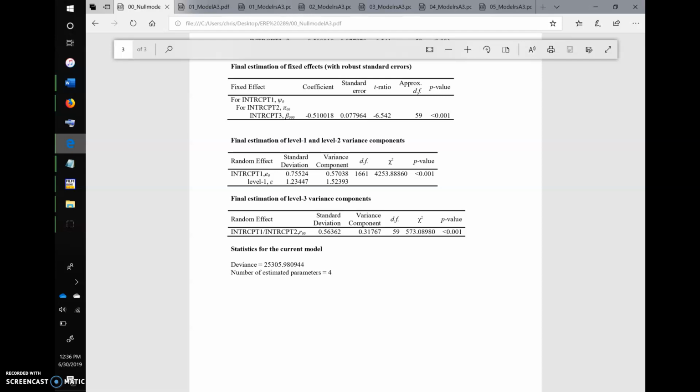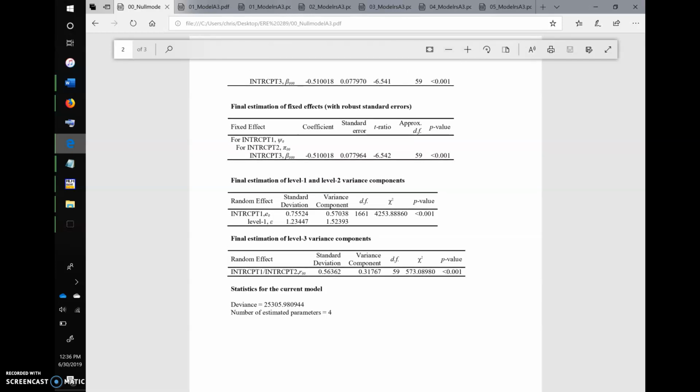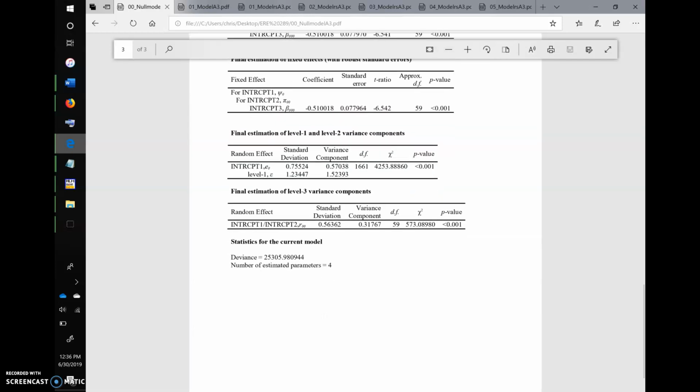Intercept 1 is significant, and most of our variance is held in level 1. There's also a significant variance component in our second intercept as well, or level 3, excuse me.